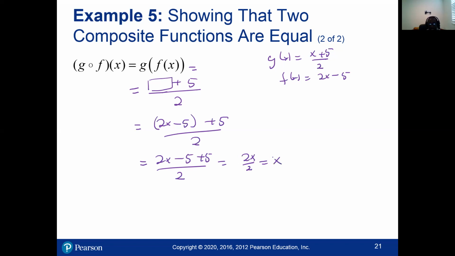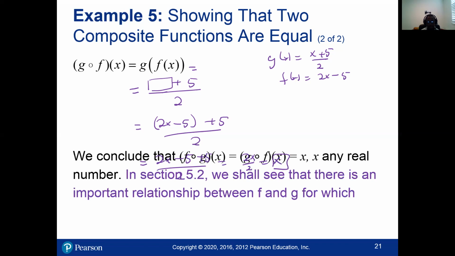So you see that if you compose f with g, and then compose g with f, you get the same expression, which is x, for every x in the domain of both of them.